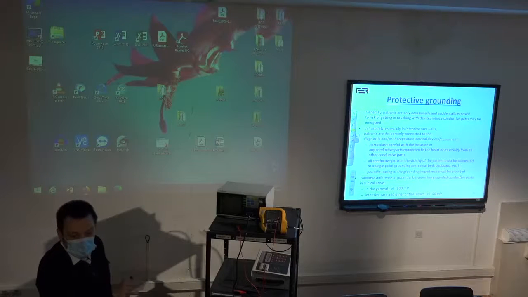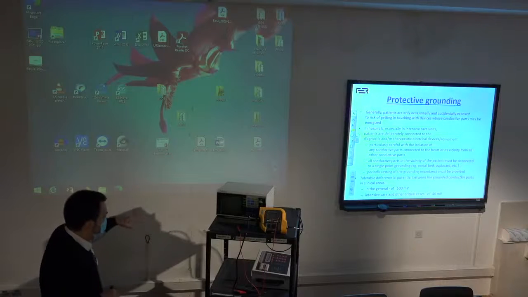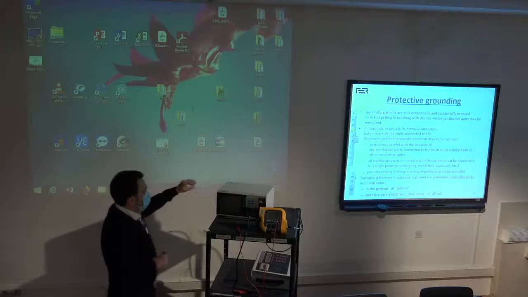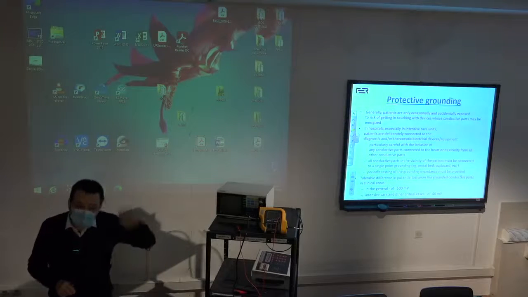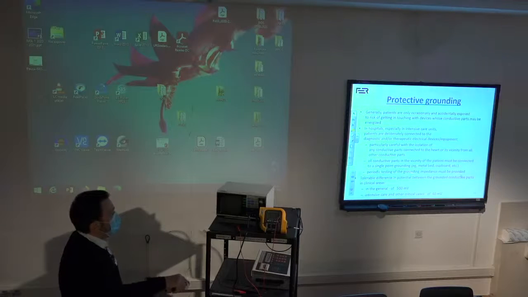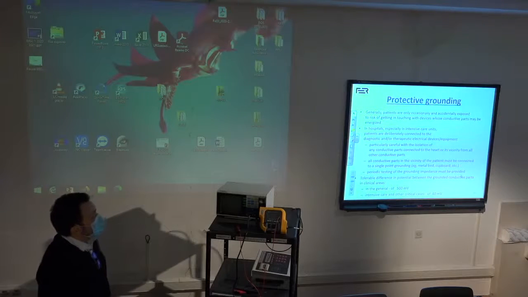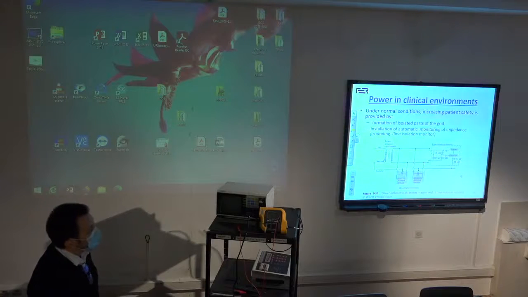The protective ground keeps the voltage that appears on metallic parts of the device very, very low. Some of the limitations are given in numbers like half a volt or 40 millivolts.